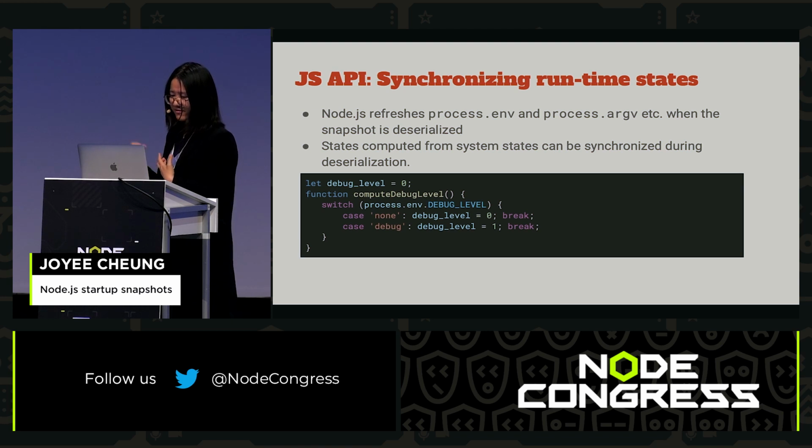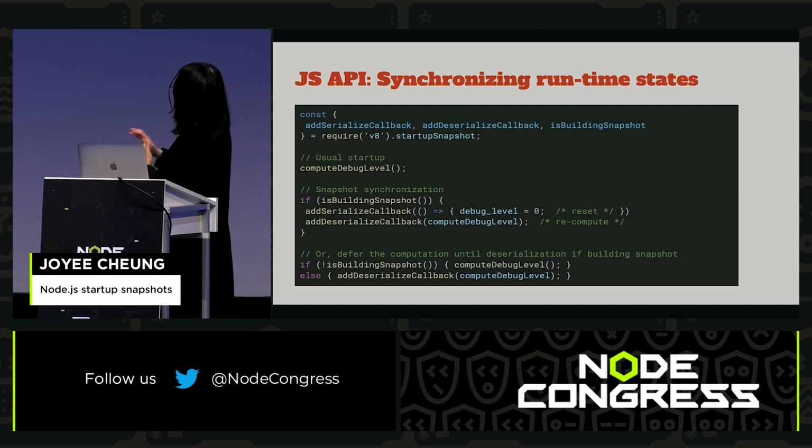So, for example, if the user code computes some debug level based on the environment variable debug level in the snapshot script, they might already be doing this when they are building the snapshot. Then at runtime they can synchronize this with the snapshot synchronization API that we provide through the v8 startup snapshot namespace.